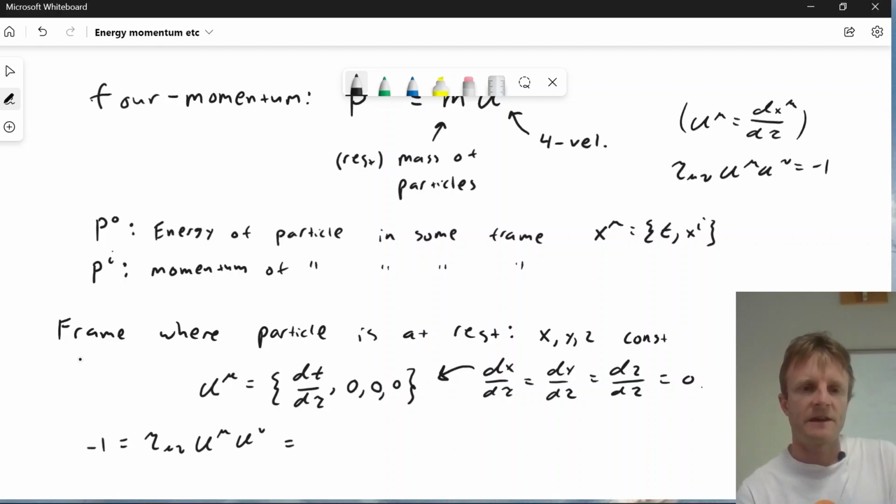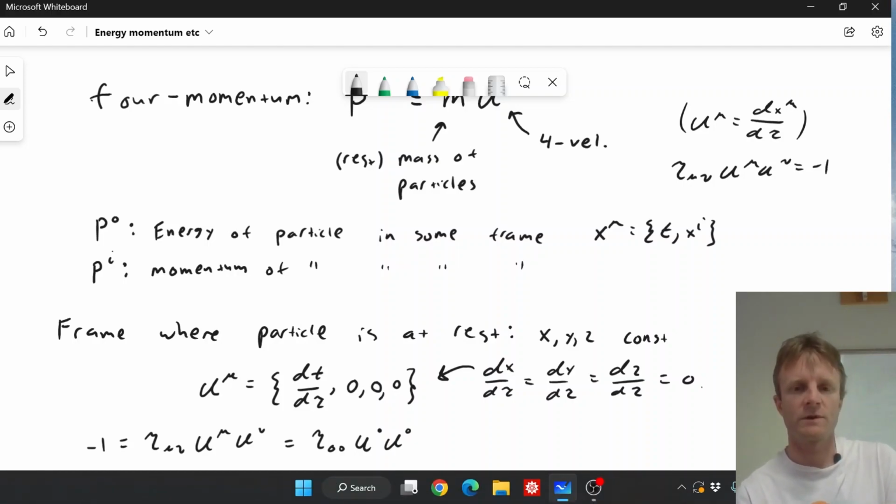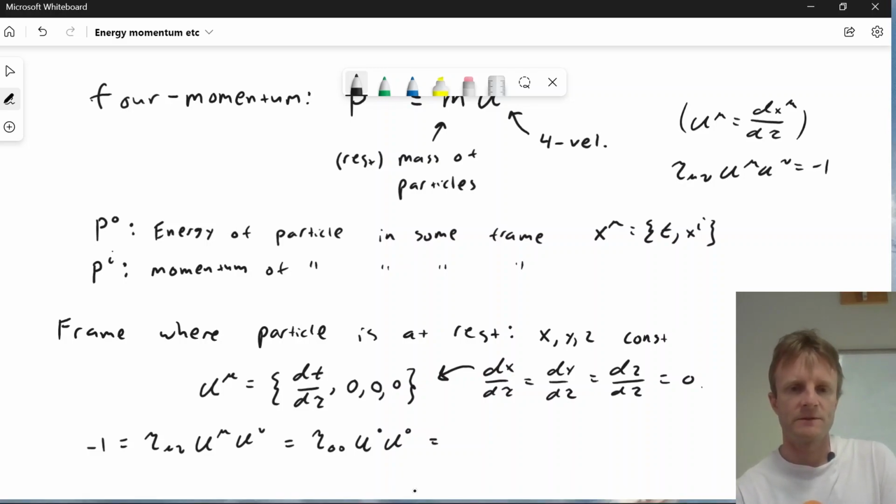And now the nice thing is u here only has a 0 component. So this is the same as η_00 u^0 u^0. All those other terms with spatial coordinates are not there because u^i is 0. And so η_00 is -1, u^0 is dt/dτ, so this is -(dt/dτ) squared.